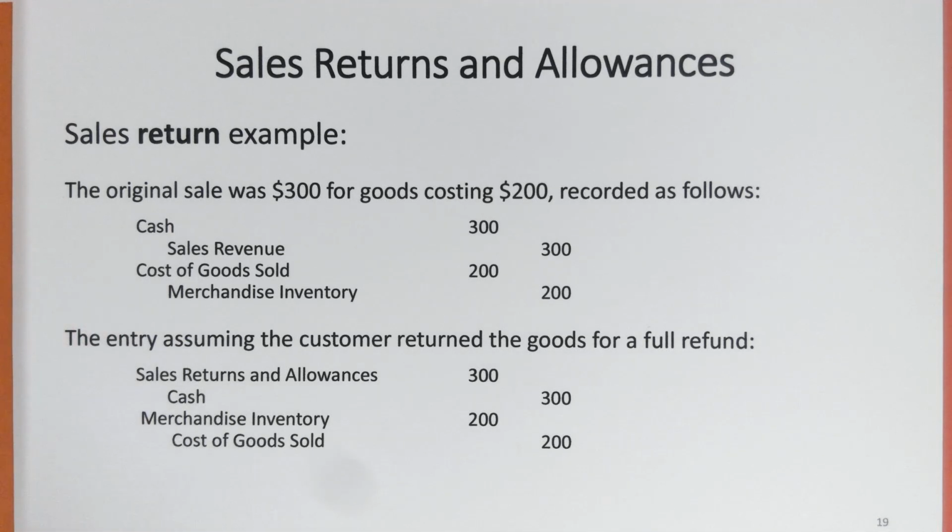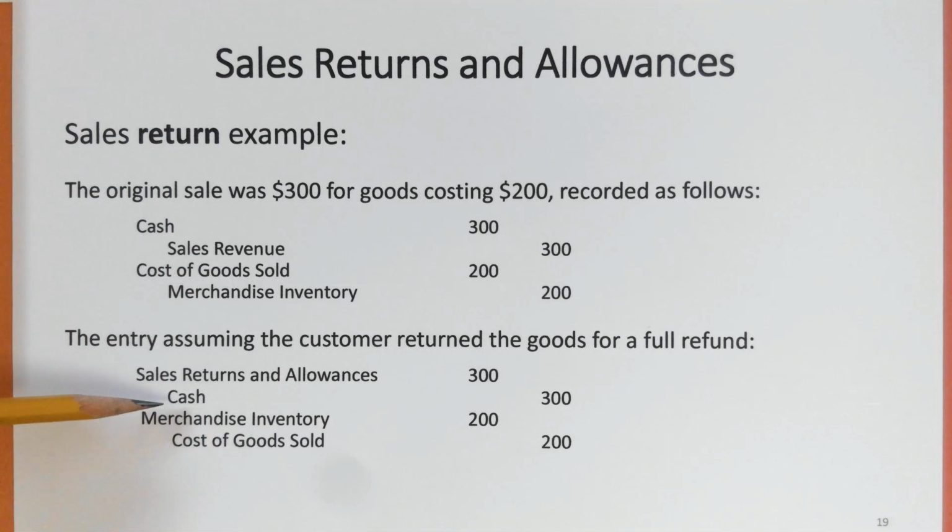And then if the goods are returned, what's going to happen is we're going to sort of reverse out these entries. But instead of taking the amount to sales revenue and reducing sales revenue with a debit, we like to keep track of how much our sales returns and allowances are. So instead of debiting sales, we're going to debit sales returns and allowances.